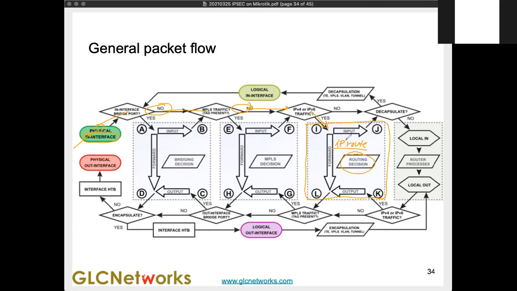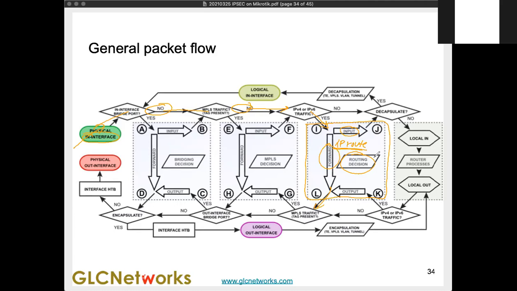By reading the IP routes, we know whether the packet is input or forward. If the packet is forward, we go here and check whether MPLS traffic is present, because MPLS is not using IP routes. MPLS is using labels.